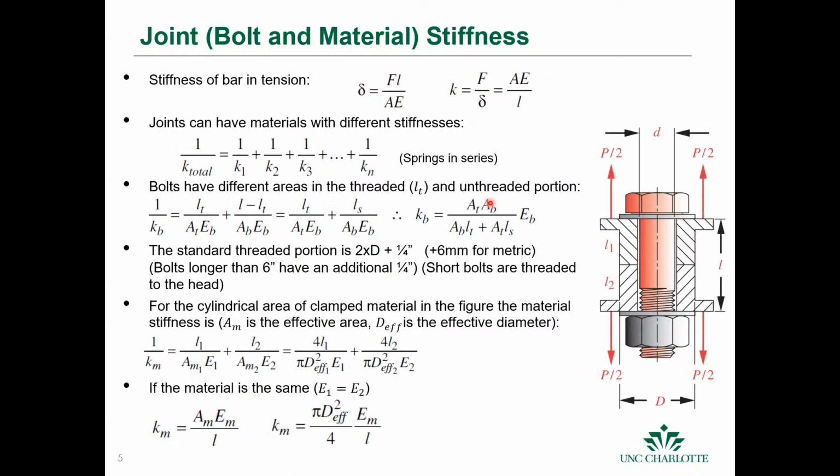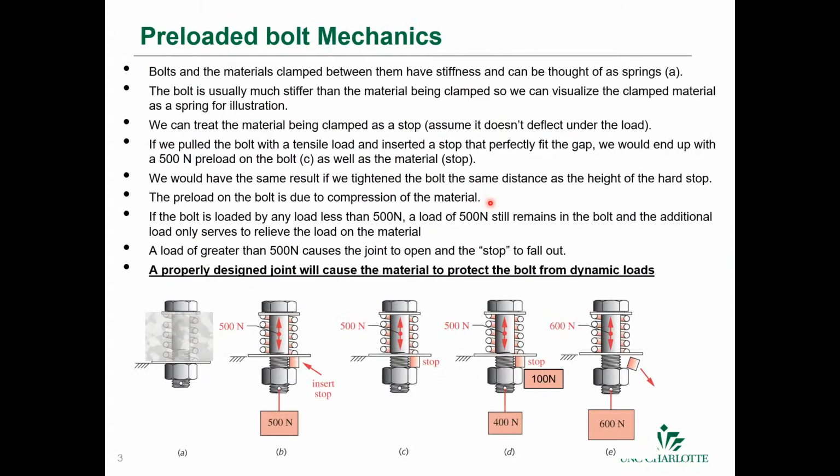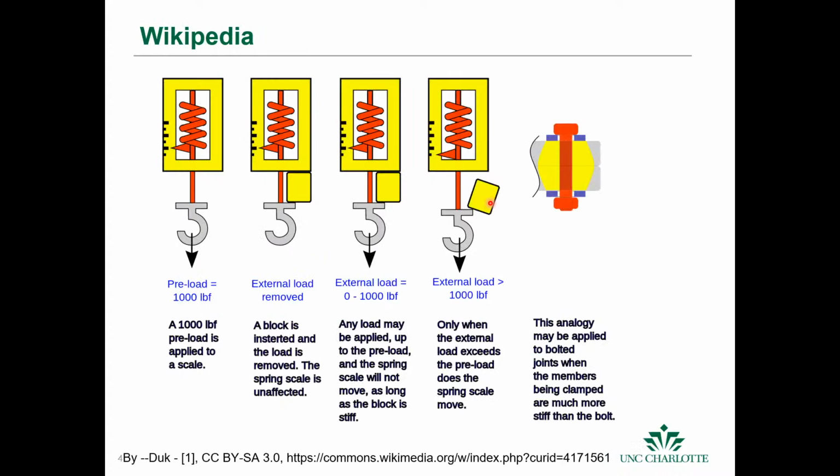This takes a second to understand, but if you go back to these different examples, I think this is a little easier to see than what's in the book. If I apply a preload, let's say I stuff this block of material here, and this is my bolt, abstracting.